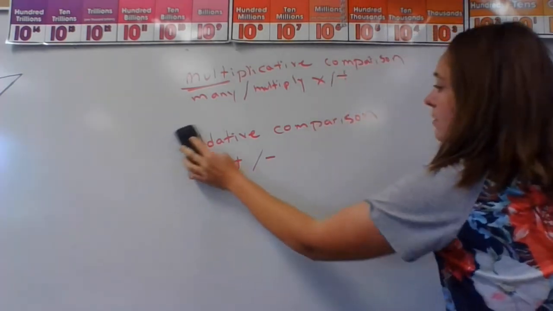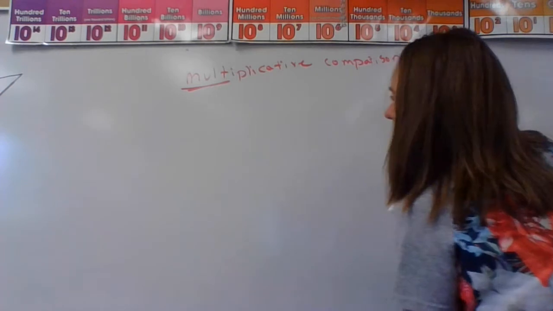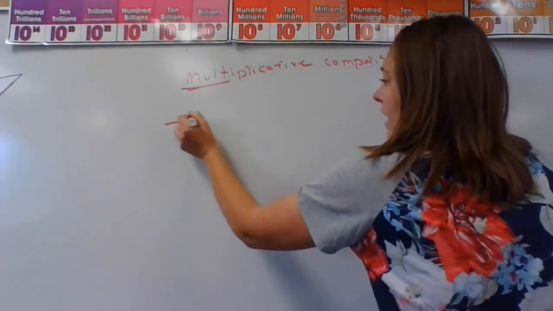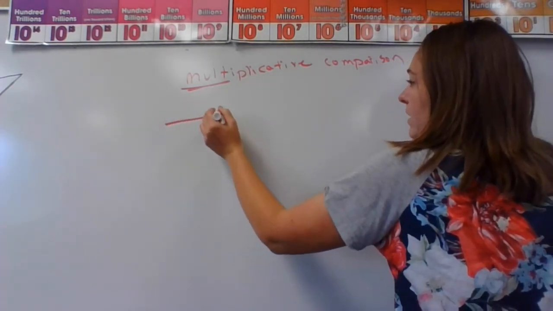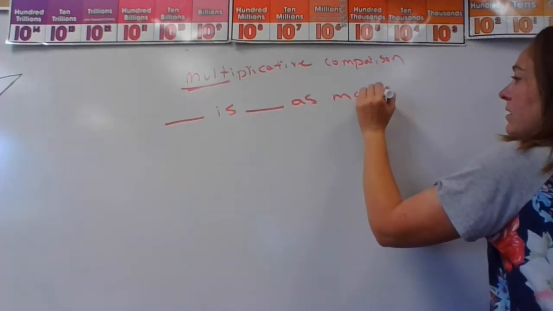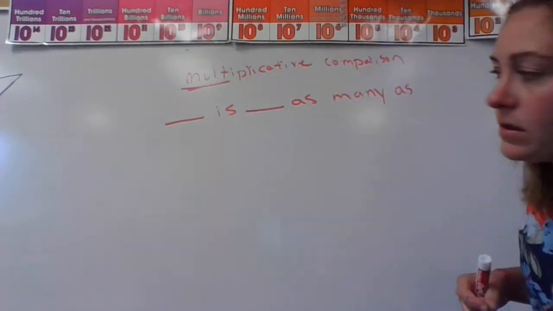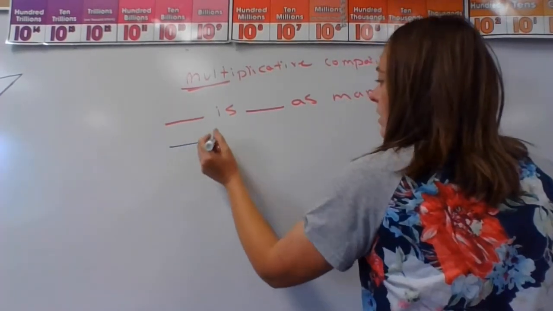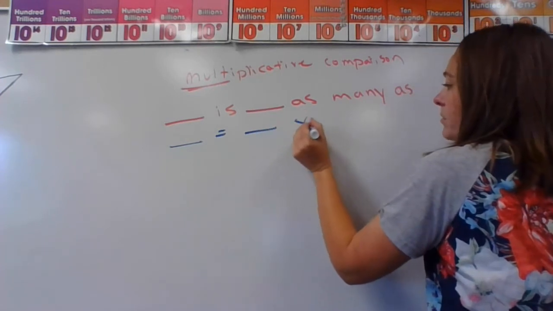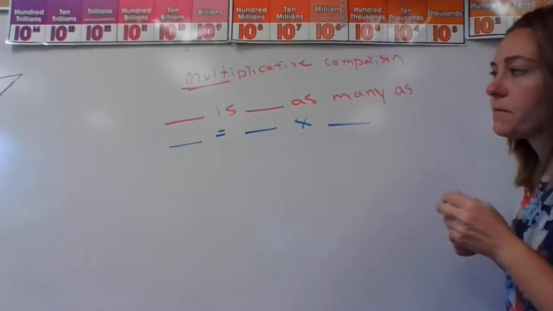So with that being said, remember, for multiplicative comparison from last time, we did something as blank is blank times as many as, which really means something equals something times something. You're just giving that multiplication sentence in words.